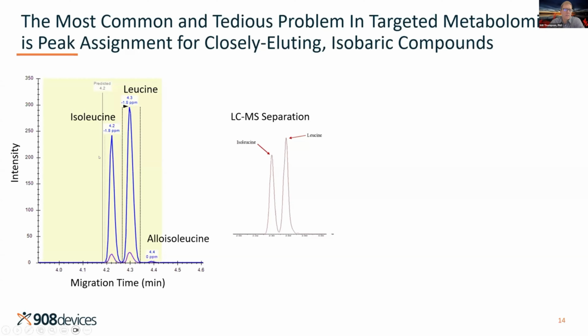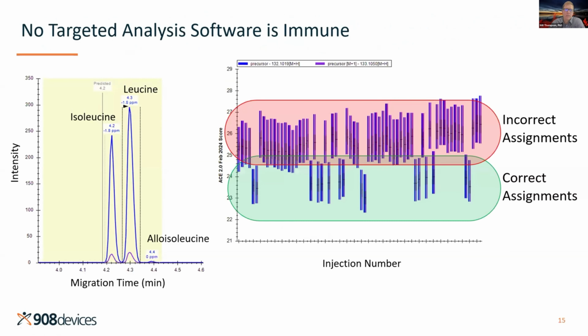So for instance, if you've got isoleucine, leucine, and alloisoleucine, even if the migration time predicted is closest to, say, isoleucine in this case, there's a little bit of error in the prediction, and software will often pick the highest, most abundant peak in that area, and then you have to go in and manually correct this peak integration.